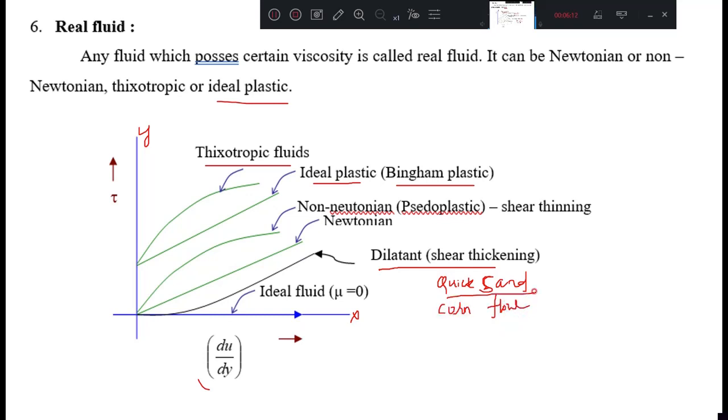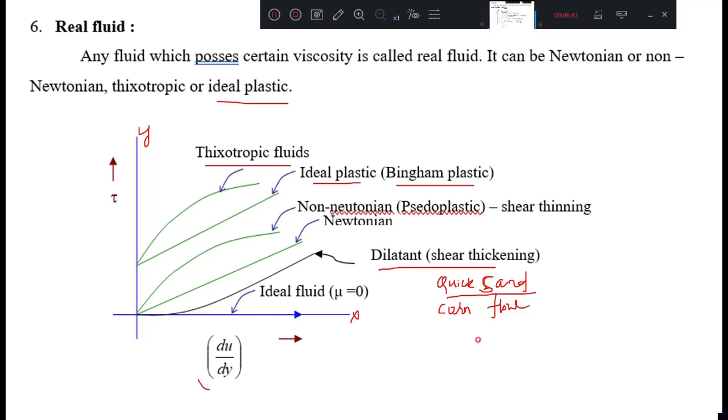In the case of quicksand, what happens? Suppose we are standing at a beach on wet sand; our feet will sink in slightly.